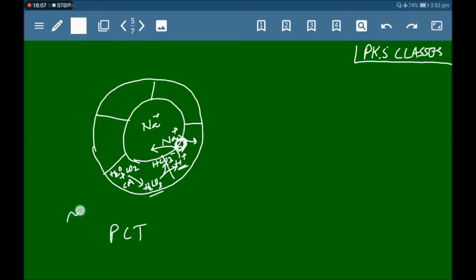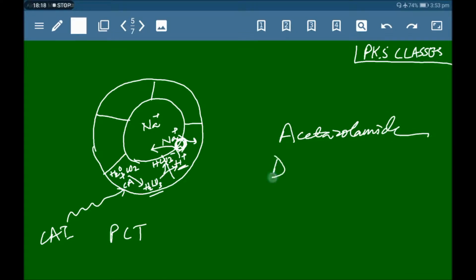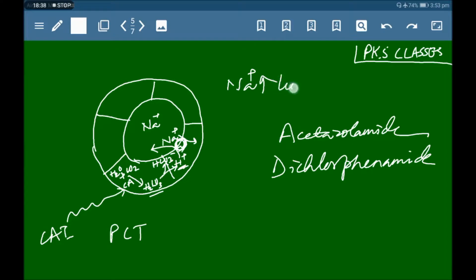So drugs like carbonic anhydrase inhibitors, like acetazolamide and dichlorphenamide, inhibit the generation of H plus, so they inhibit the reabsorption of sodium, and now the sodium concentration in the lumen increases.